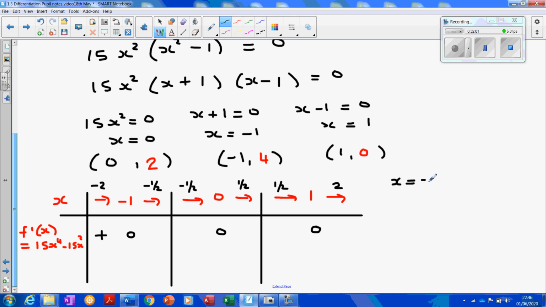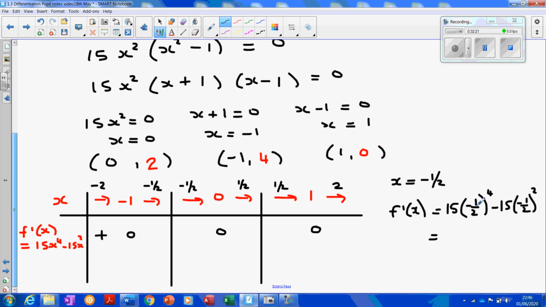For the one where x is equal to -1/2, we'll work that out at the side. So f dash x is equal to 15 times -1/2 to the power of 4 minus 15 times -1/2 squared.